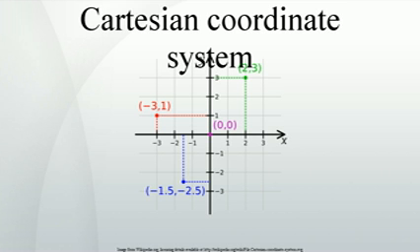The graph of a functional relation is the set of all points satisfying that functional relation. For a function of one variable, f, the set of all points x, y, where y equals f of x, is the graph of the function f. For a function g of 2 variables, the set of all points x, y, z, where z equals g of x, y, is the graph of the function g.